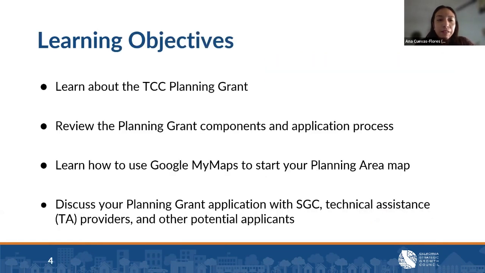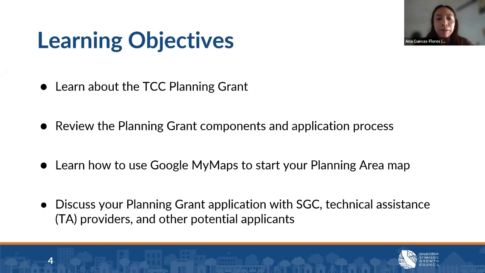So today we have a few learning objectives. Some of the learning objectives for this workshop are, one, to learn more about the TCC planning grant and what the planning grant entails. We will review the planning grant components and the application process, what goes into the application, what you can expect.